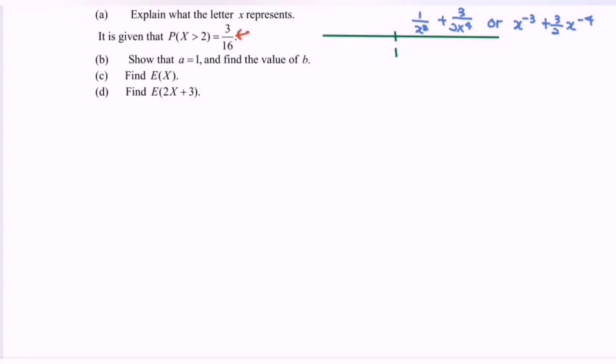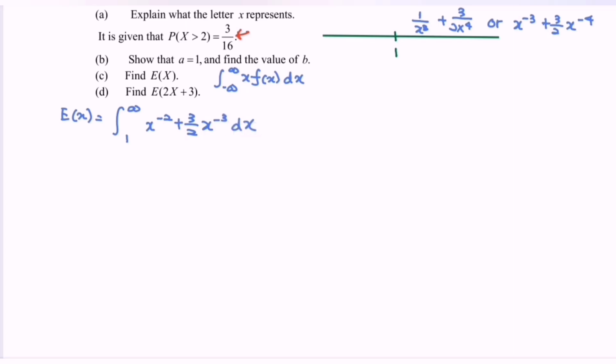Next, find E(X). The formula for E(X) is the integral from negative infinity to infinity of x multiplied with f(x) dx. So kindly continue. E(X) is equal to the integral from 1 until infinity. Do remember to multiply by x. In here we have x to the power negative 2 plus 3 over 2 x to the power negative 3 dx.